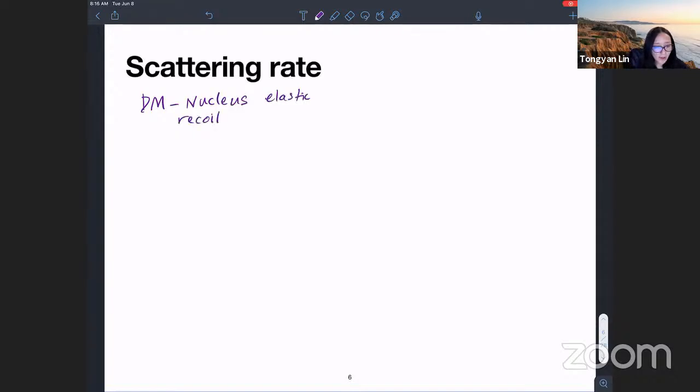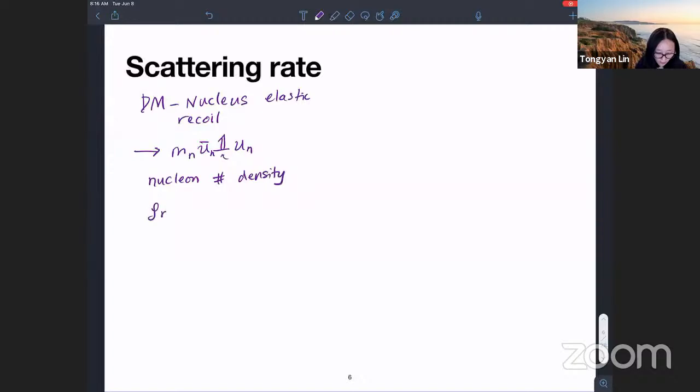So for dark matter nucleus scattering, we found that the leading operator for vector interactions coupled basically to the one operator, which means coupling to the nucleon number density. And the same is true now. We're also coupling to the number density.